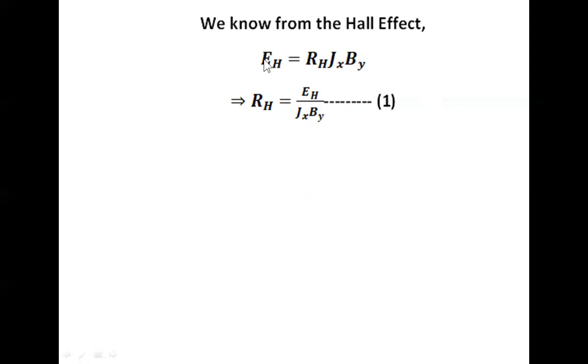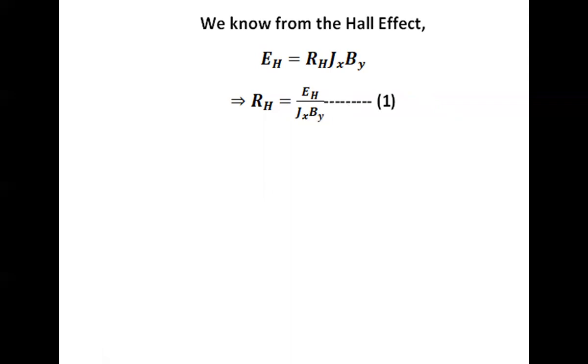From this expression, we can write down the expression for Hall coefficient, that is RH is equal to EH by Jx into By. In this particular expression, we can understand that EH is nothing but the electric field which cannot be measured directly. Instead, we can measure the potential or the voltage.